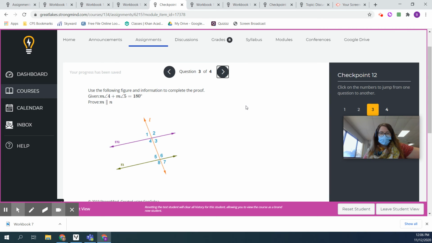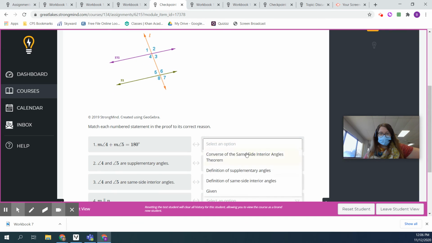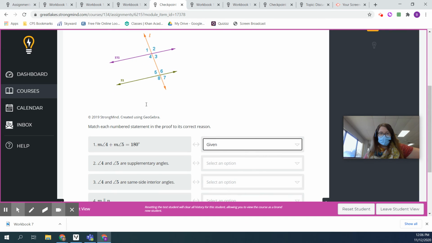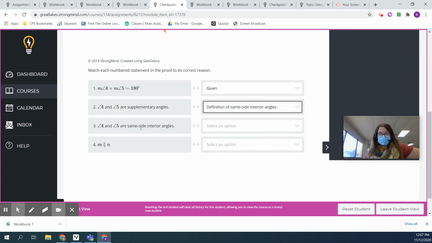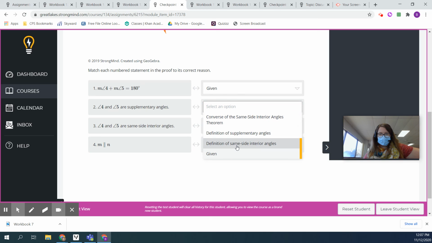And then use the following figure information to complete the proof. Always, always given. 4 and 5 are supplementary angles. That is the definition of same side interior. And then 4 and 5 are same side. Wait. Are supplementary angles. Maybe definition of same side interior.